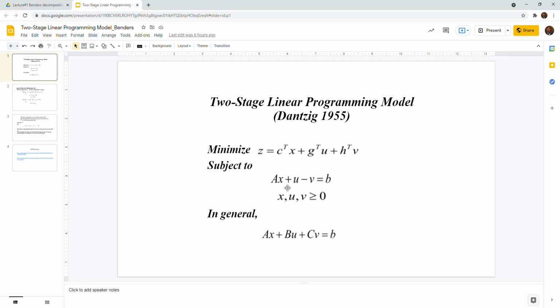So u and v are added to balance the equation. Also, there's not one unique objective function because of the uncertainty of c, and with this model we didn't take care of multiple objective functions. So with this model, we only look at the uncertainty of A and b.